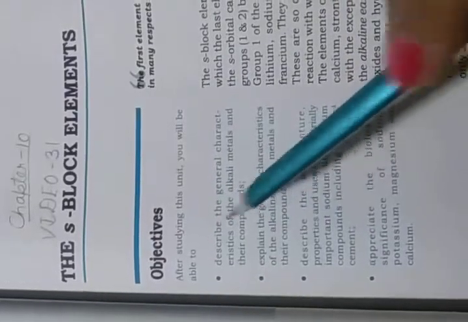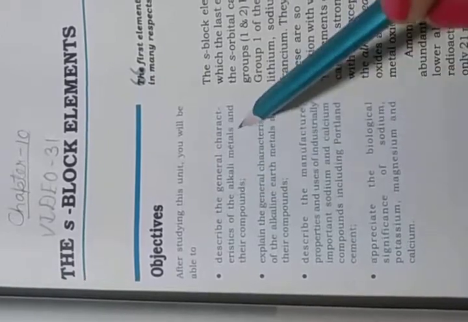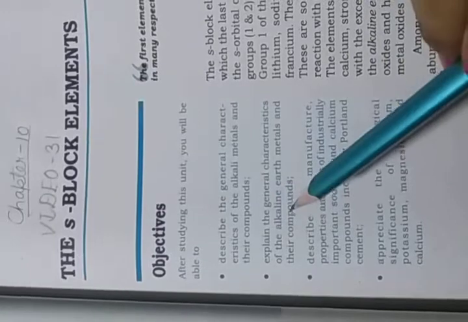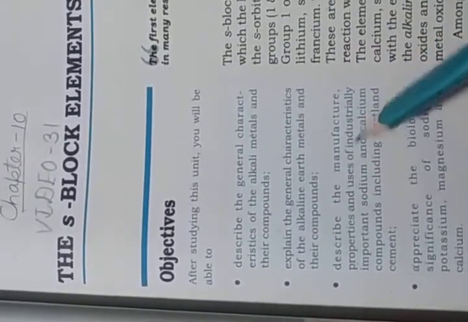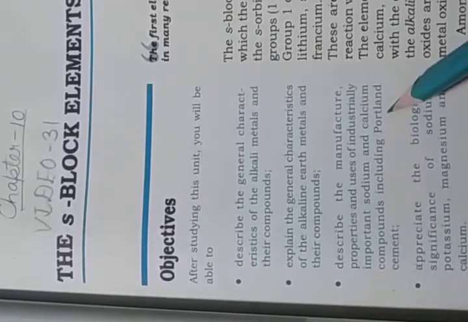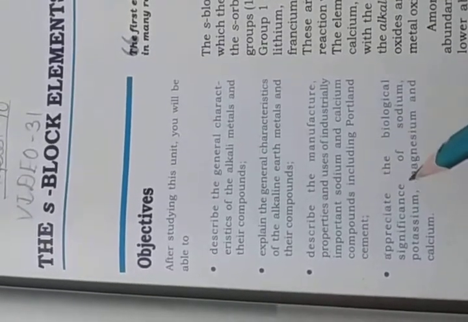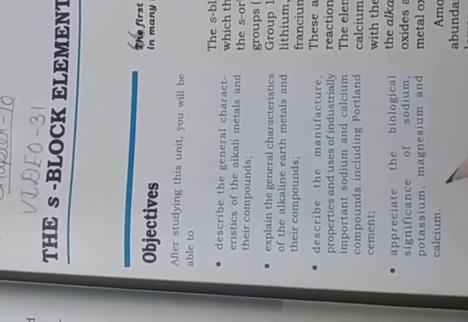After studying this unit, we have to be able to describe the general characteristics of the alkali metals and their compounds, explain the general characteristics of the alkaline earth metals and their compounds, and describe the manufacture, properties and uses of industrially important sodium and calcium compounds including Portland cement. We also have to appreciate the biological significance of sodium, potassium, magnesium and calcium.